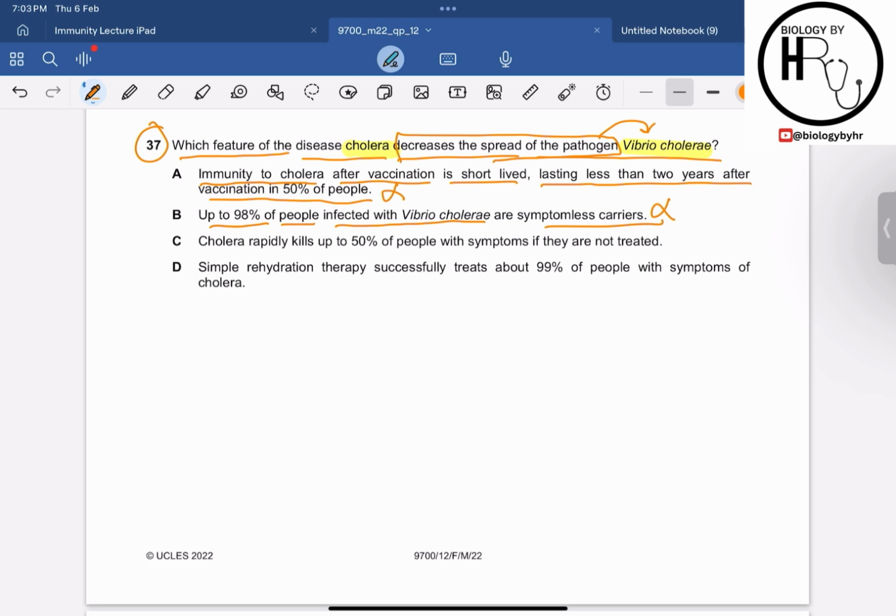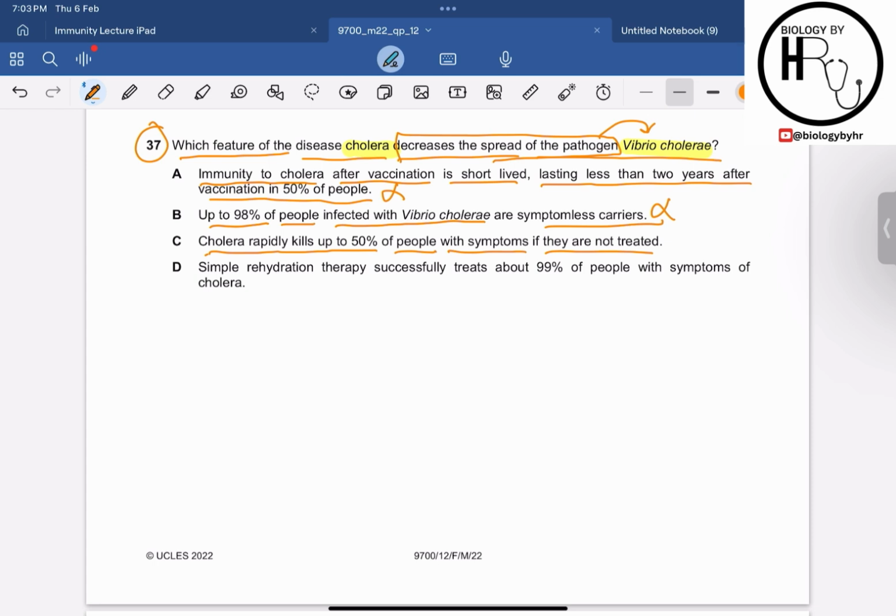Then now let's see statement C over here. Statement C says that cholera rapidly kills up to 50% of the people with these symptoms if they are not treated. Alright, so if an infected person, for example, dies quickly, then they have less time to excrete the large amount of Vibrio cholera in their feces, right, which is the main route for the transmission.